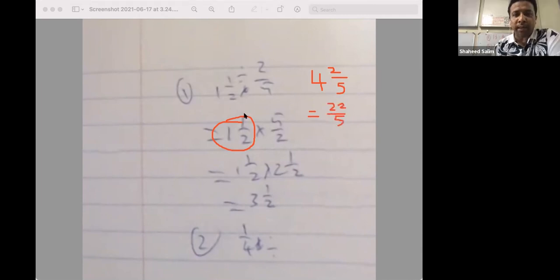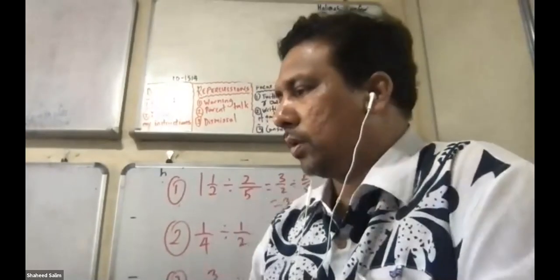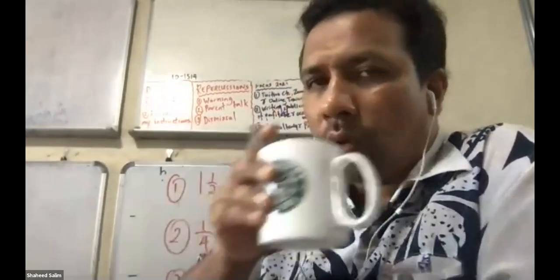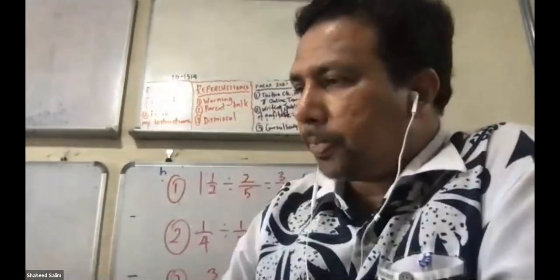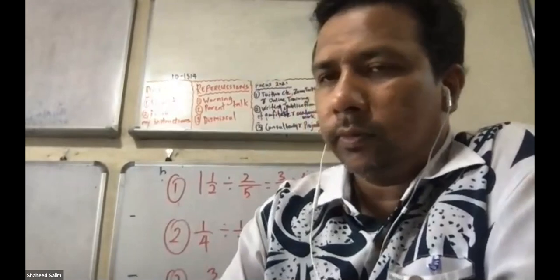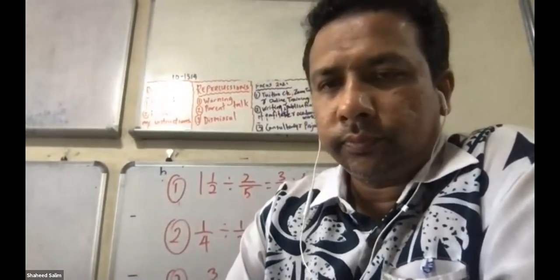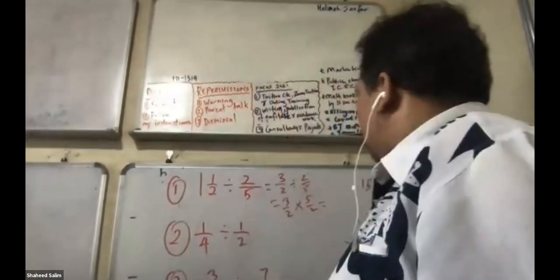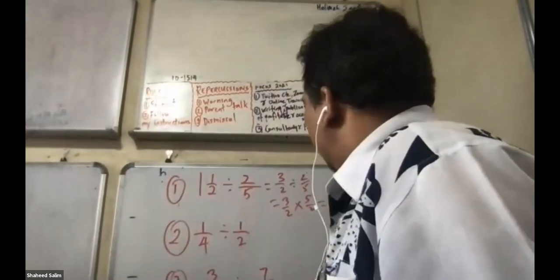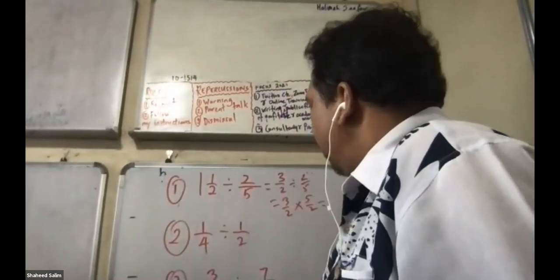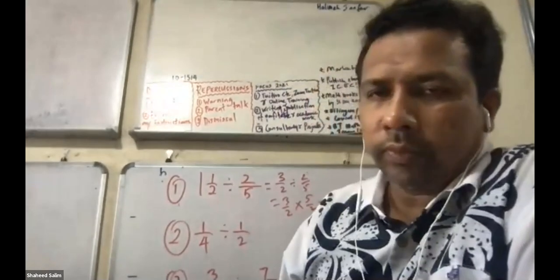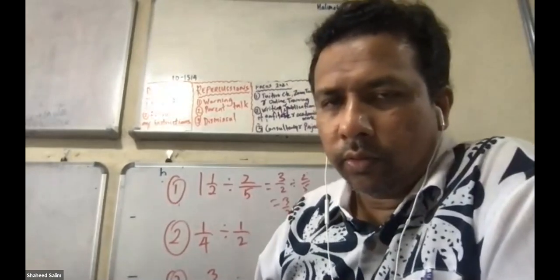So now do the same thing down here. And then can you try this again, please? You try this one again. What's your answer? You do again. 15/4.